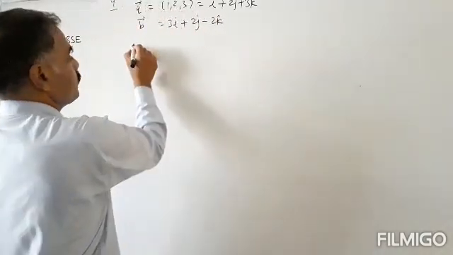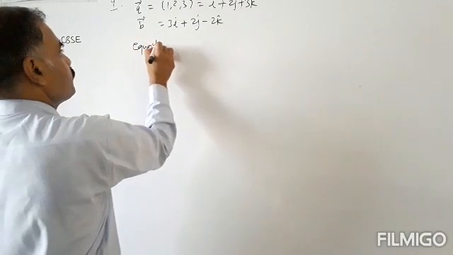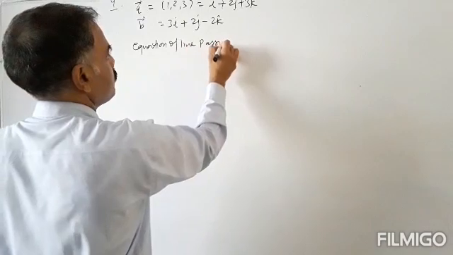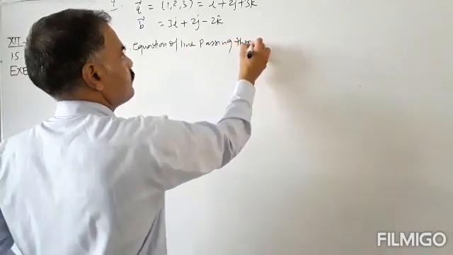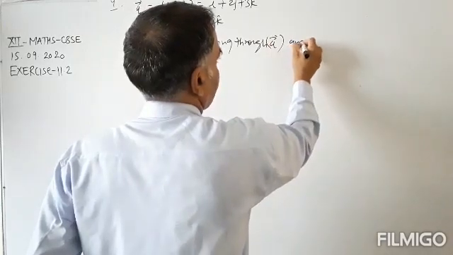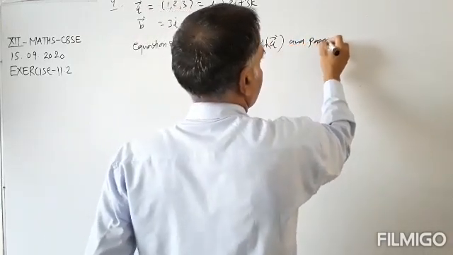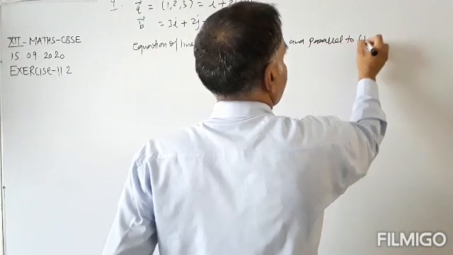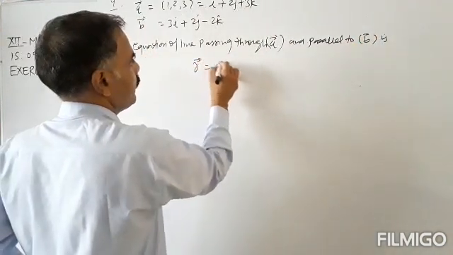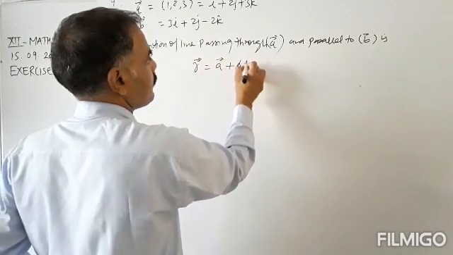So the equation of a line passing through a vector and parallel to b vector is given by r vector equals a vector plus lambda b vector.